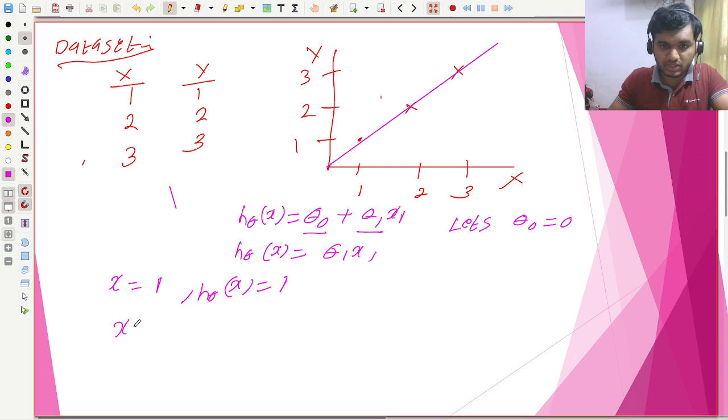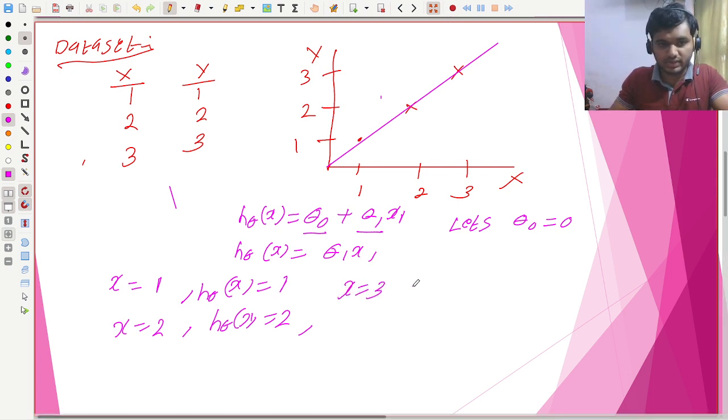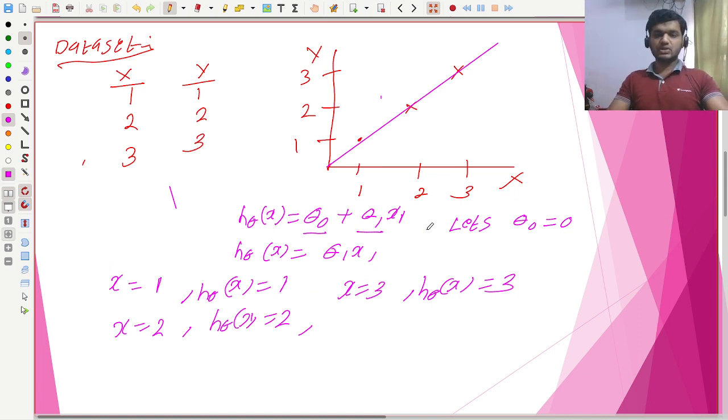If x equal to 2, then h theta of x equal to 2. If x equal to 3, then h theta of x equal to 3, because h theta of x is that is y. So here we discuss with three examples how this line will be minimum.